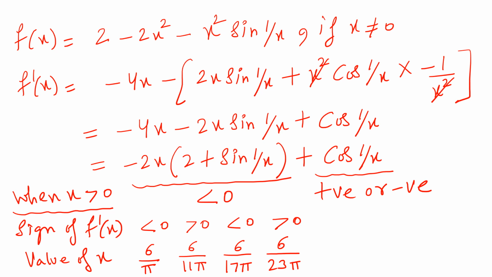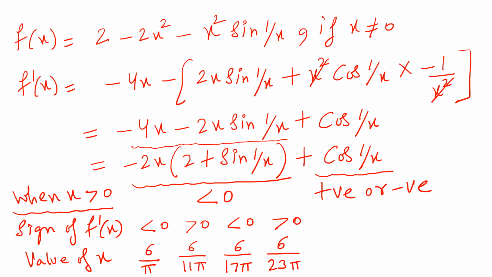Now in such a situation, the value of the first term, that is minus 2x into 2 plus sine of 1 upon x, will become a very small negative number approaching 0, whereas cos of 1 upon alpha will approach 1. So clearly the value of f dash alpha becomes positive.